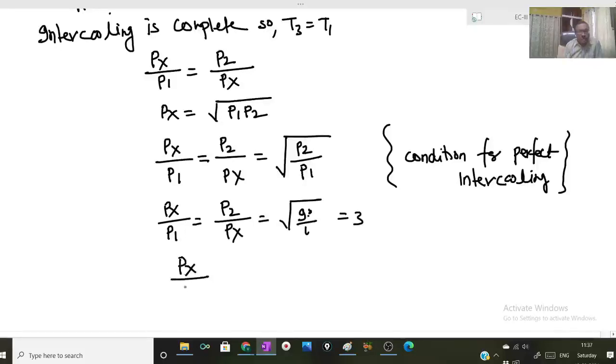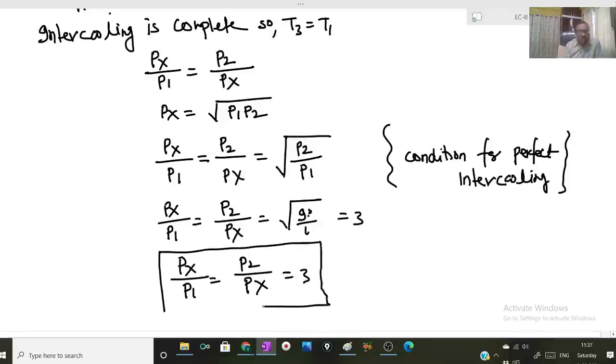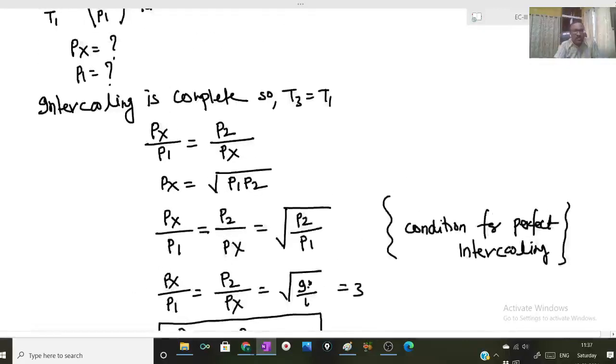So Px by P1 is equal to P2 by Px equal to 3. Now I have the pressure ratios in LPC and HPC stages. Now I can do the intermediate calculations.